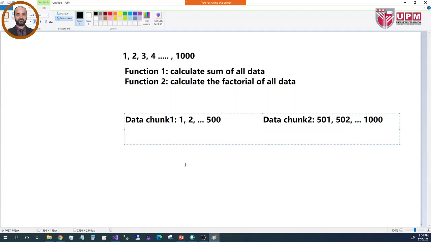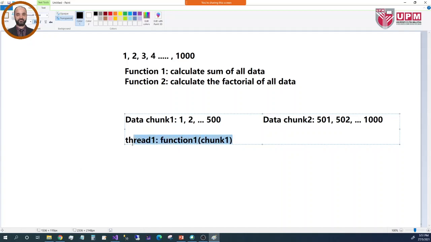Then thread 1, for example, will run function 1 on chunk 1.